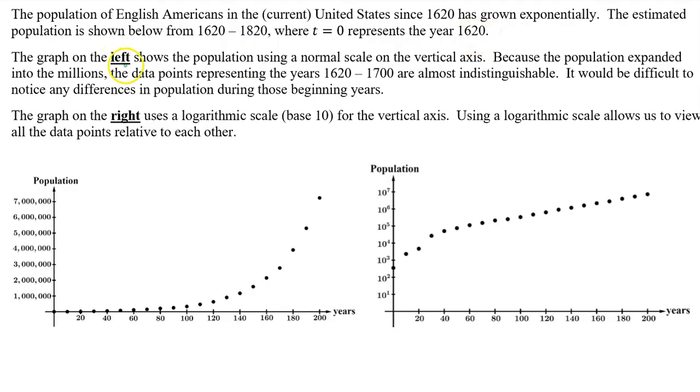The graph on the left shows the population using a normal scale on the vertical axis. Because the population expanded into the millions, the data points reflecting the years 1620 to 1700 are almost indistinguishable. See how close they are to 0?